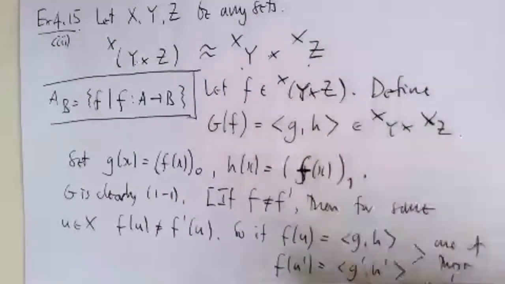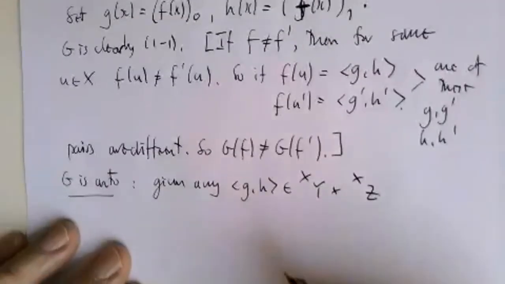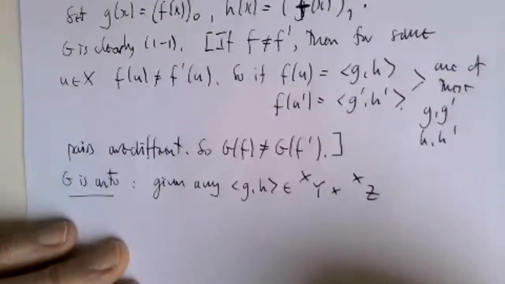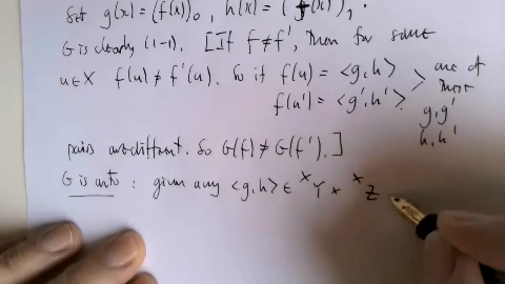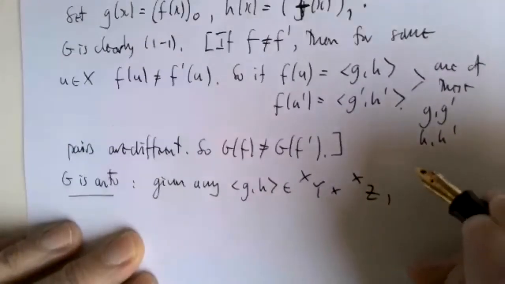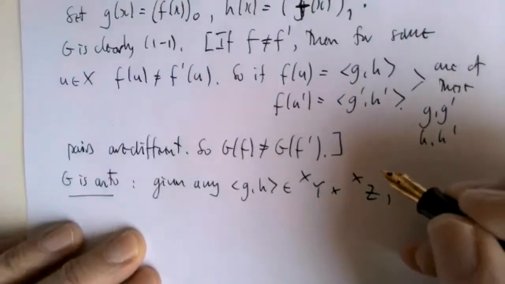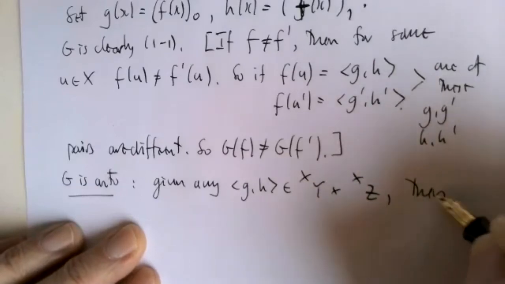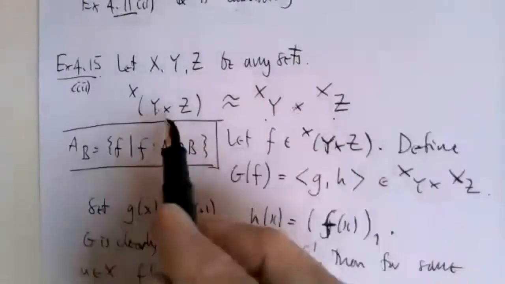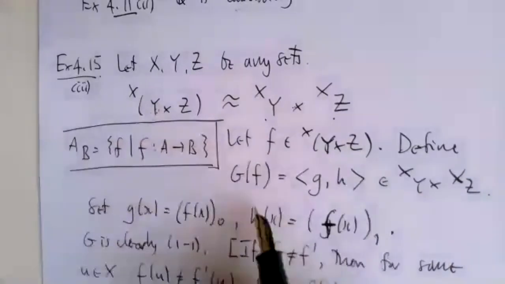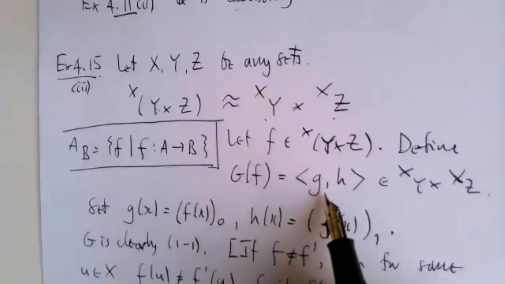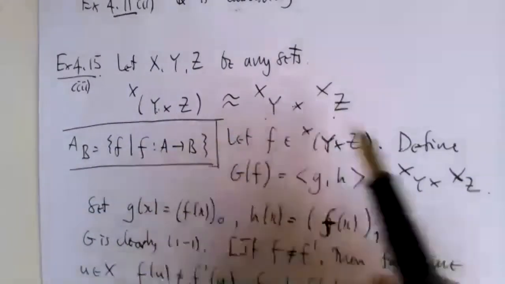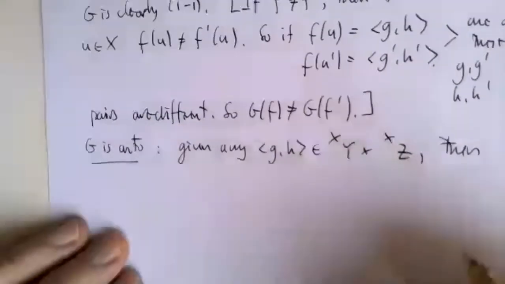It's a pair gh, like this. I just need an f such that the big G is going to pick out this gh. Well, you just put the two pieces together, the g and h together.